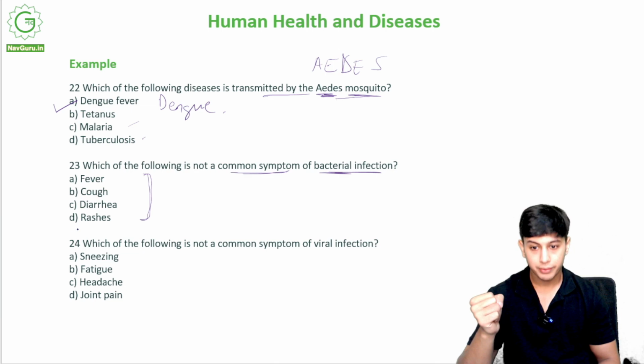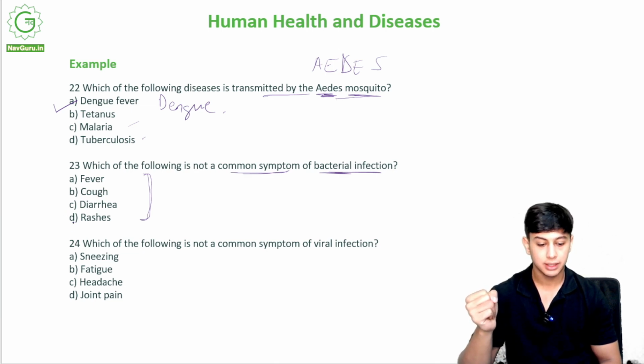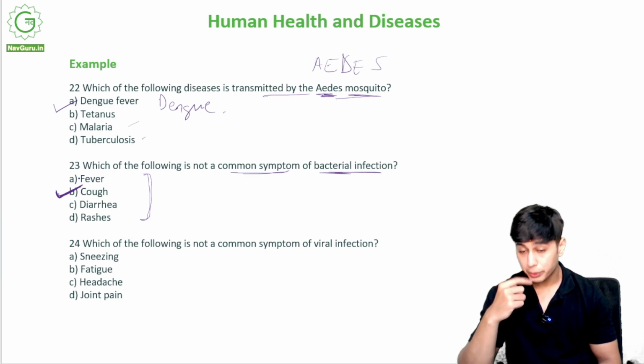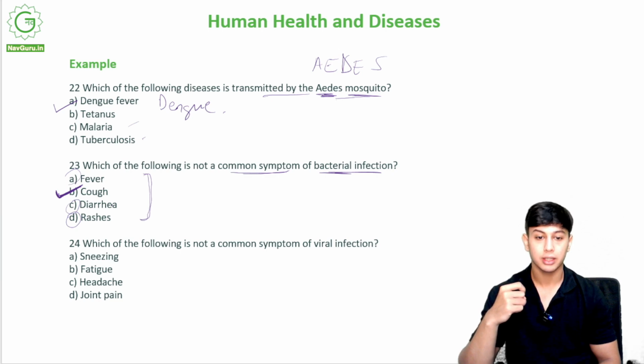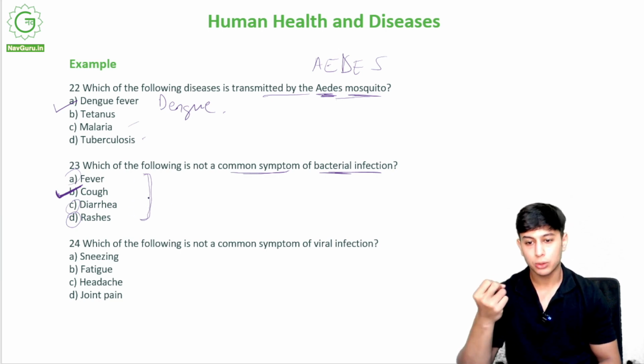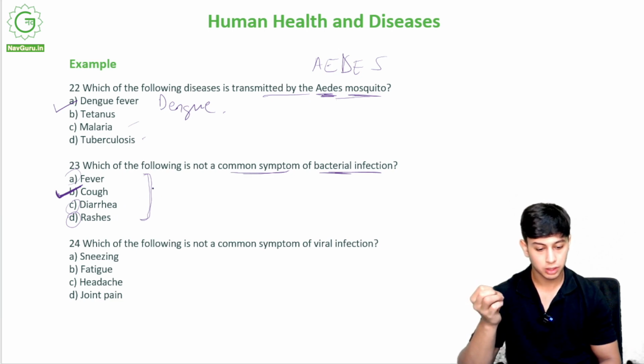Is it cough? Is it diarrhea? Is it rashes? The correct option is B, cough. We get fever, diarrhea and rashes, but we do not get cough.